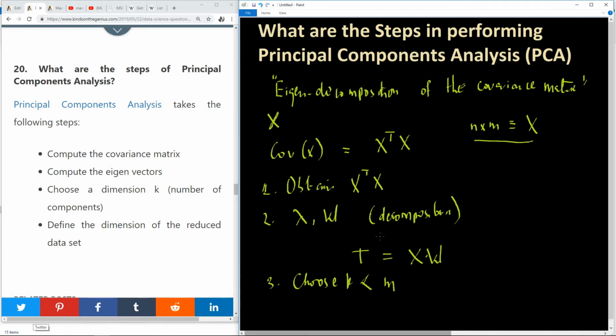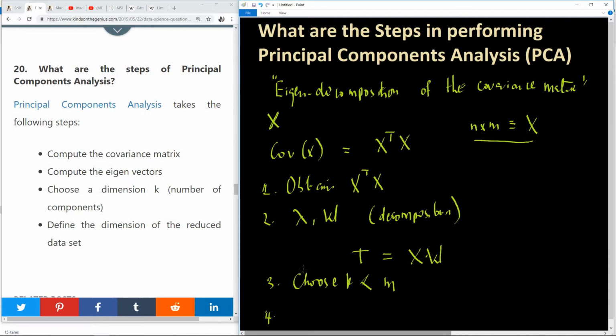So once you now choose K to be less than M, you then define the dimension of the reduced data set.